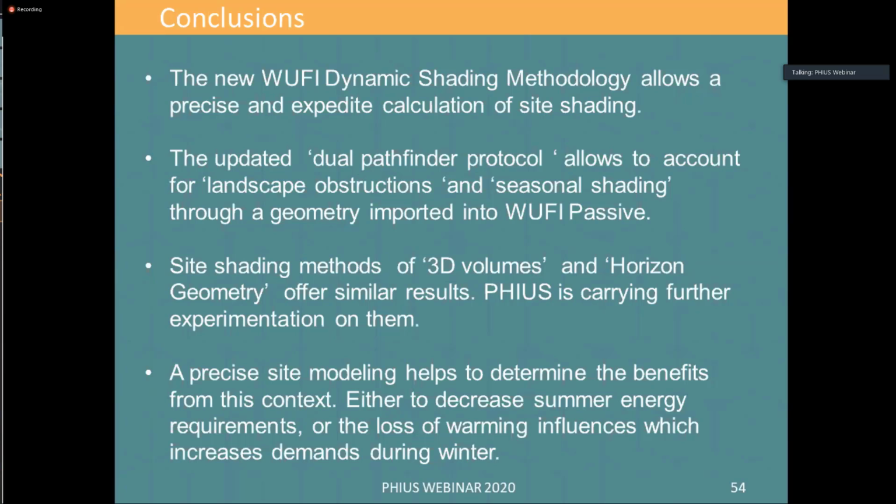Through the 3D volumes or the horizon geometry, you can observe the influence of site shading in your project, either to decrease summer energy requirements or the loss of warming influences which increase demands during winter.